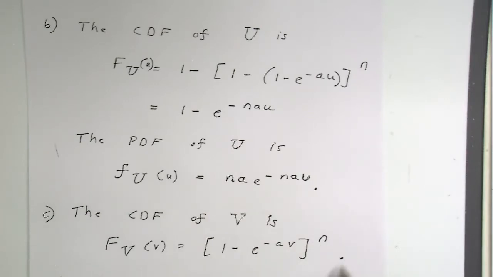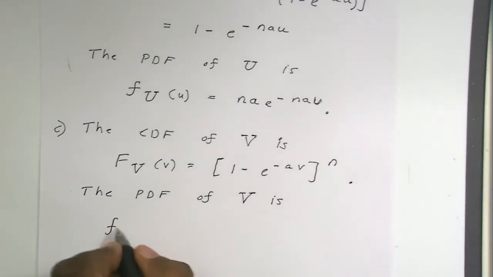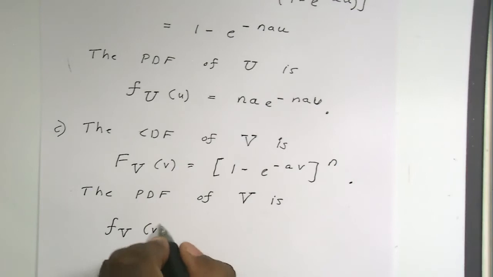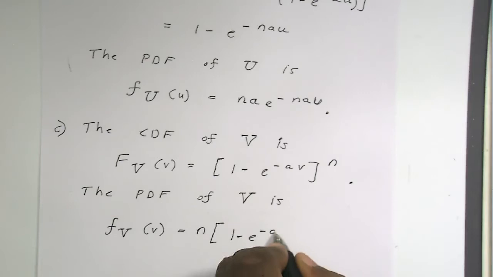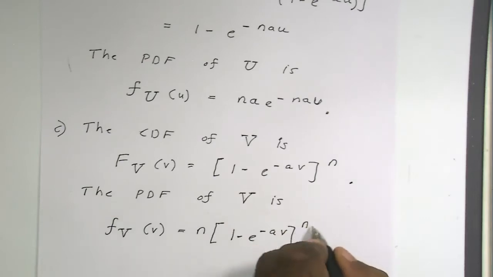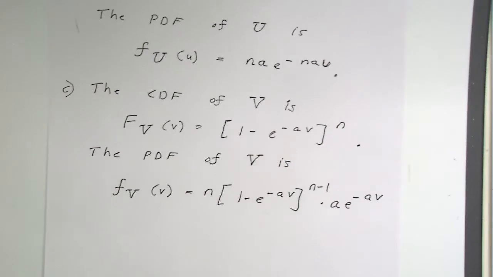And the PDF of V is just simply the derivative of this with respect to v. So it's going to be A times this, okay?